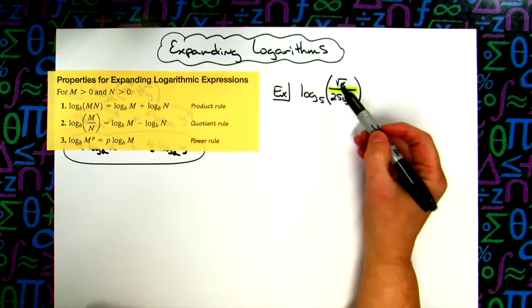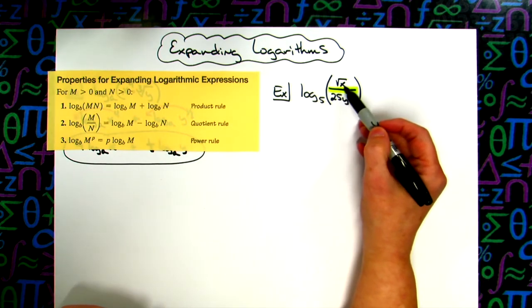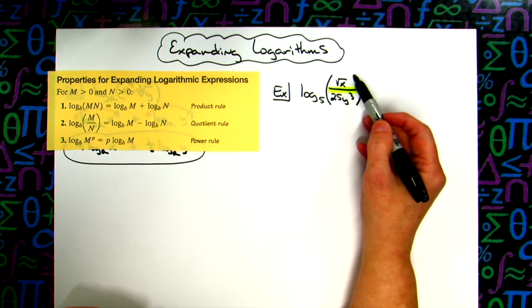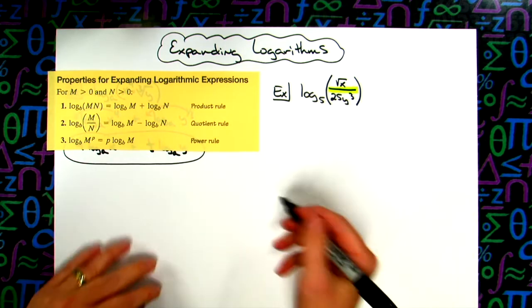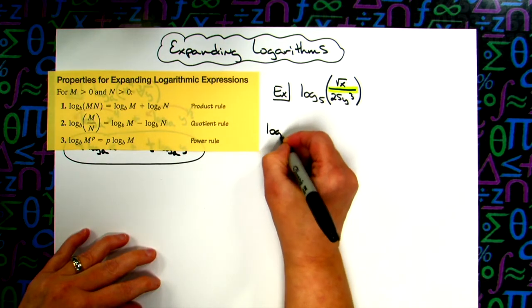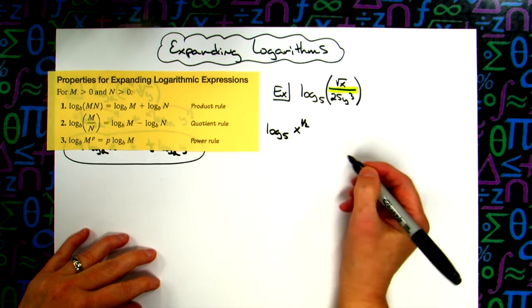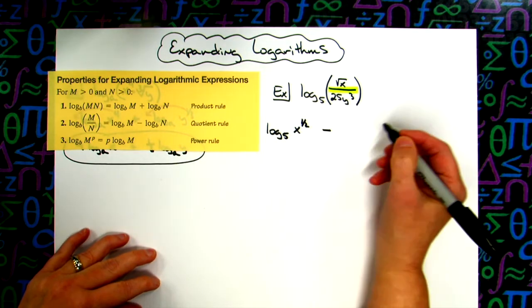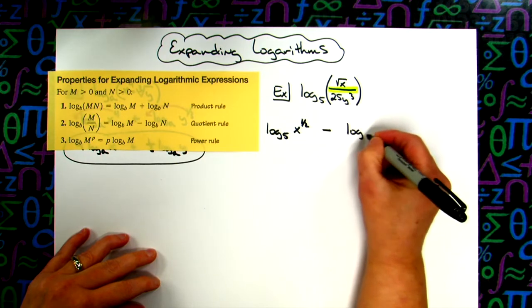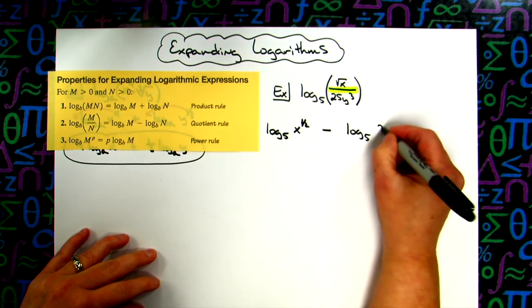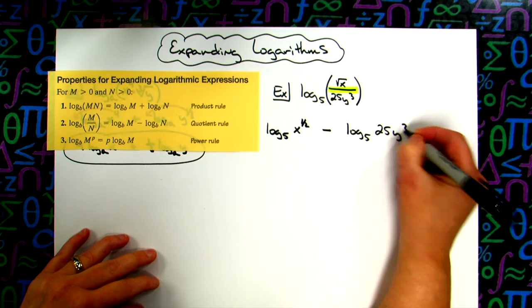And again, I'm going to take this square root of x and write it as an x to the 1/2 in this first step here. So then I'm going to have a log base 5 of x raised to the 1/2, that's my numerator. All right, subtract then the log with a base 5 of the 25y to the 3rd.